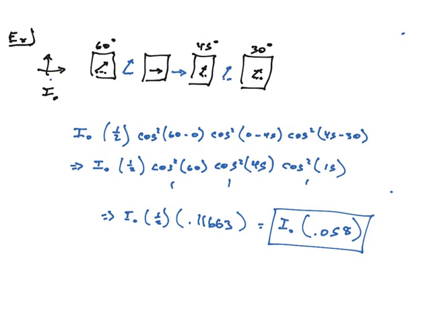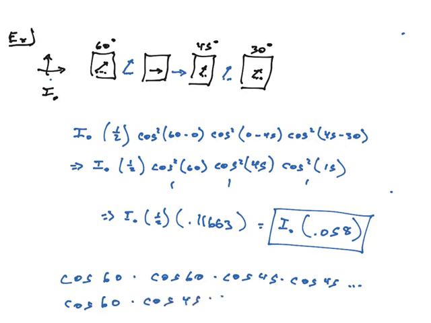Now, however you want to do these cosine squares is up to you. Note the 1/2 is not squared. The cosine squareds are squared. So you could either do cosine 60 times cosine 60 times cosine 45 times cosine 45 and so forth. Or you could do cosine 60 times cosine 45 times cosine 15. And then after you get this answer, you square it. That's how I did it here.